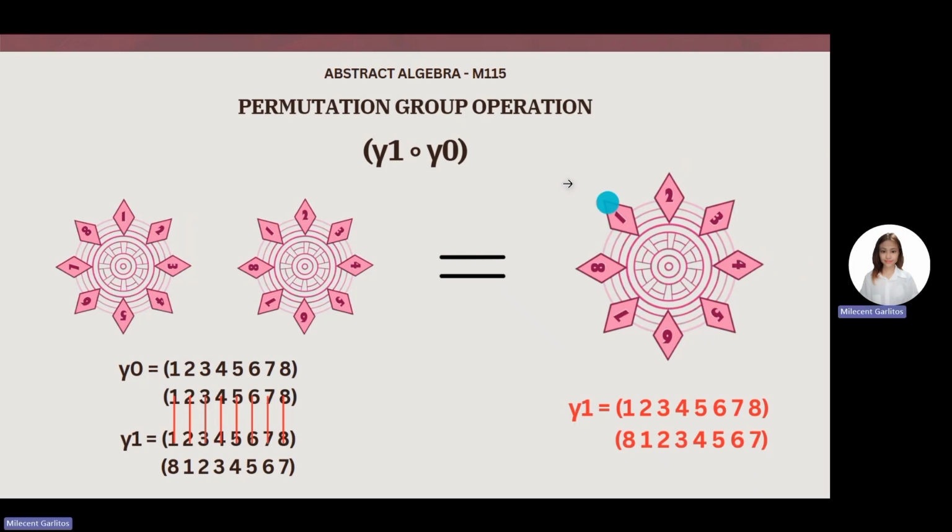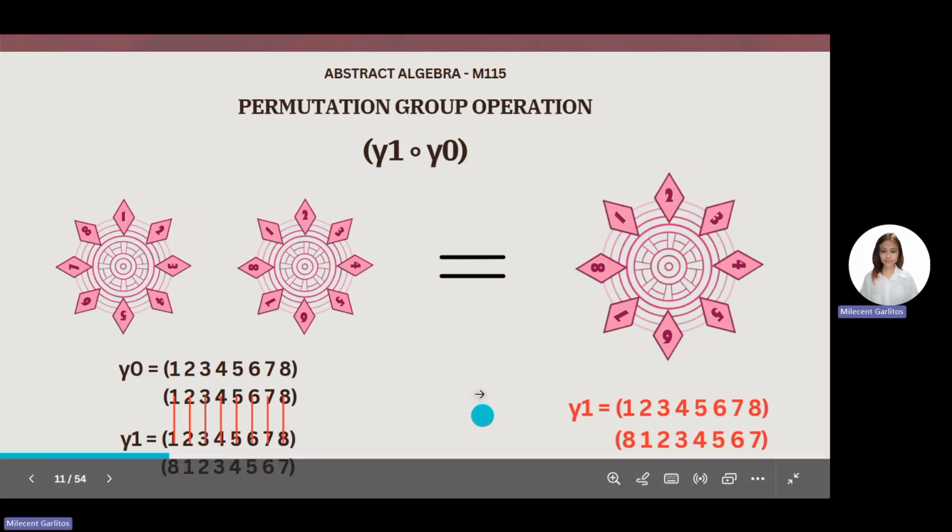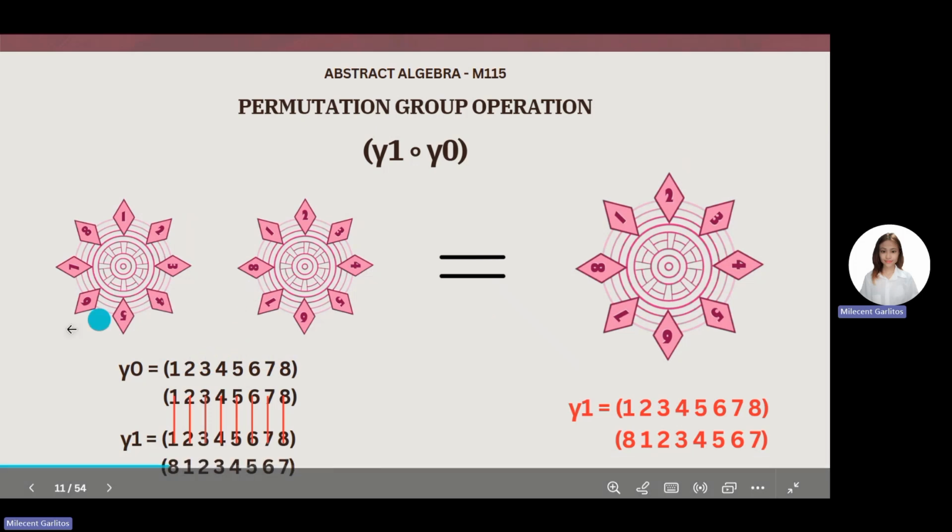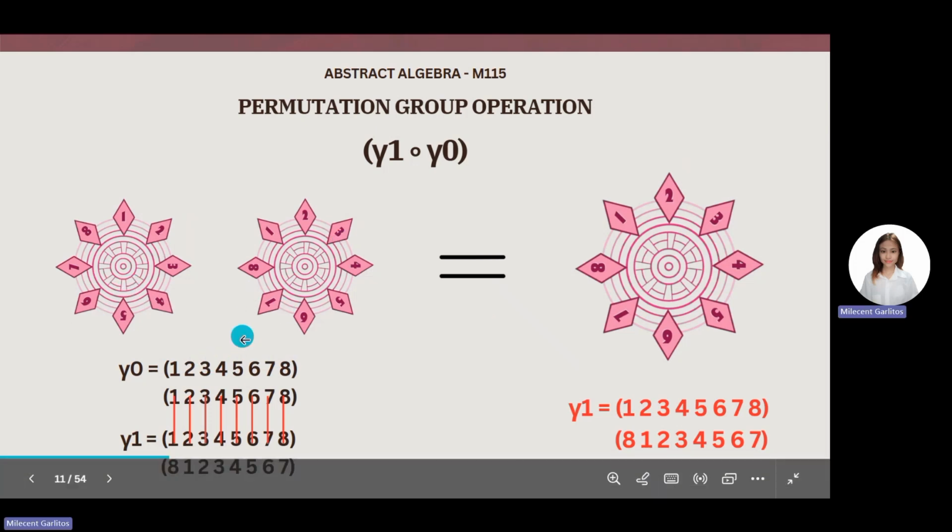So now we have the γ sub 1 and γ sub 0. Just like I said a while ago, γ sub 0 would be above the left one. So we're going to map what would be the result. In here we have the result still as γ sub 1.